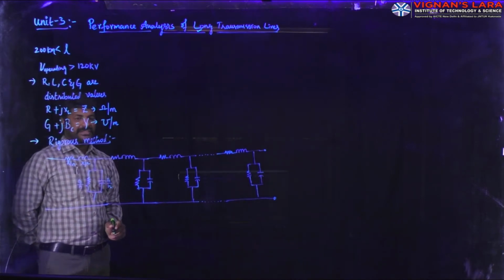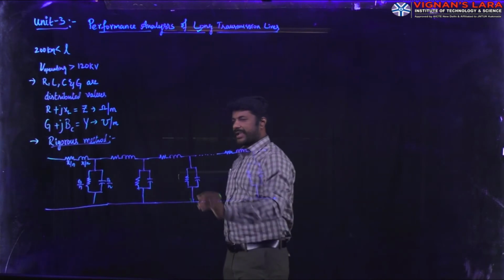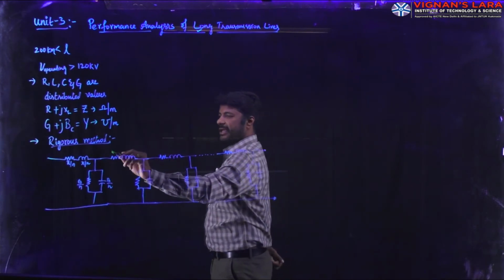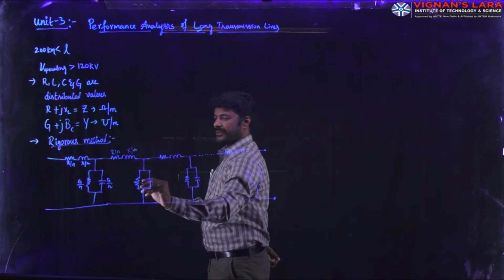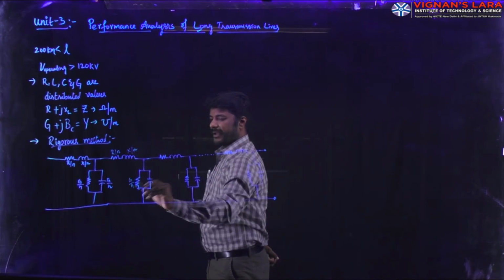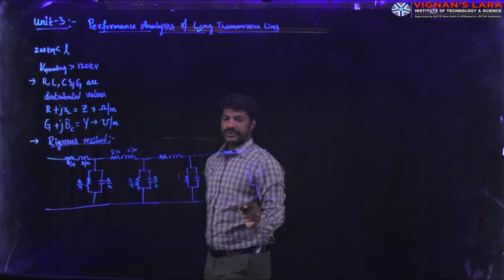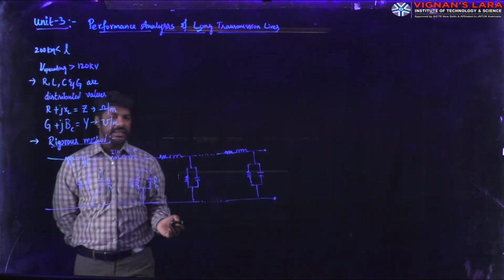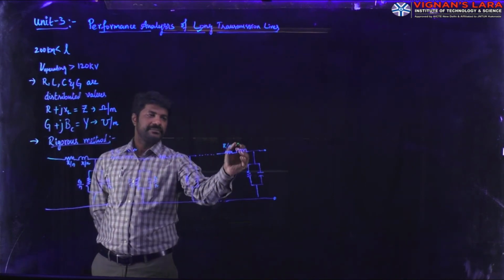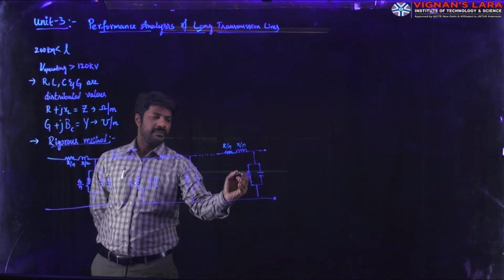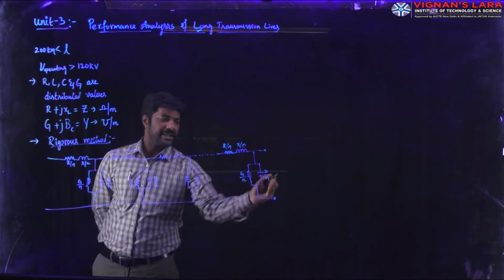Similarly, for the second section also we can show the magnitudes as r by n, x by n, g by n and b by n. The same holds good for the last section, the nth section, with the values r by n, x by n, g by n and b by n.